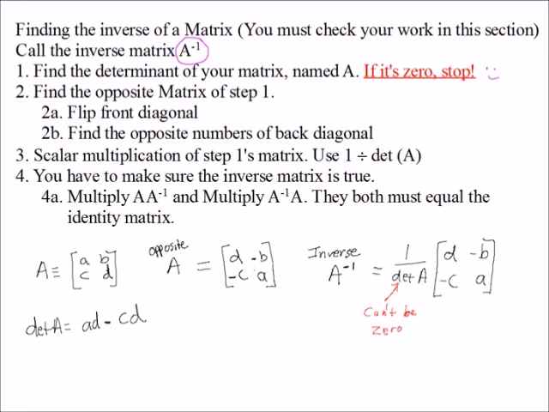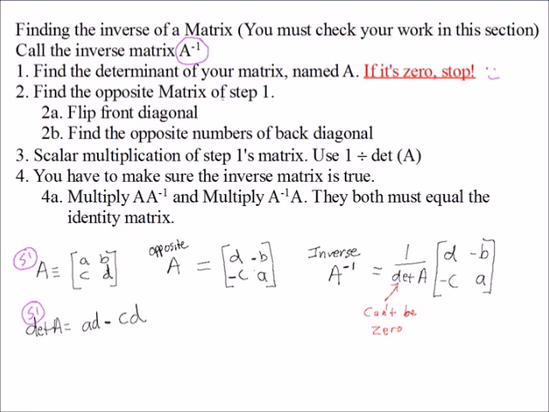Okay, so here's your matrix A, and you find your determinant of A. Okay, so if you'll see right here, this is S1, step 1. Okay, if when you multiply these numbers and subtract, this is 0, then you're going to stop.